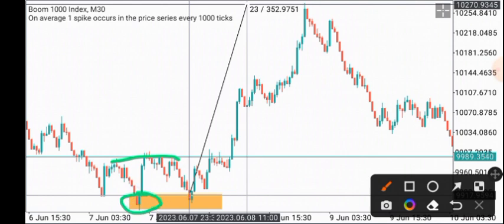So these are the components that you will use. These are the things you will use to find out the entry point, the area where you should enter your trade within that structure. Okay, so this is a breakout and a retest. So you are looking for where price will retest that structure, and the order block is one of them.